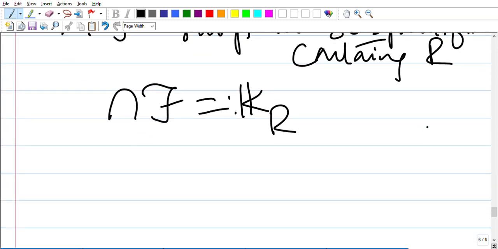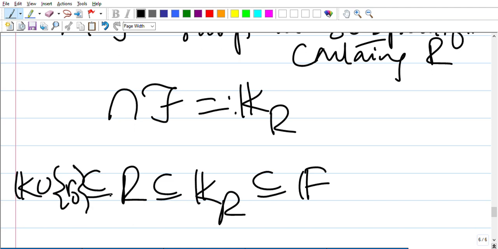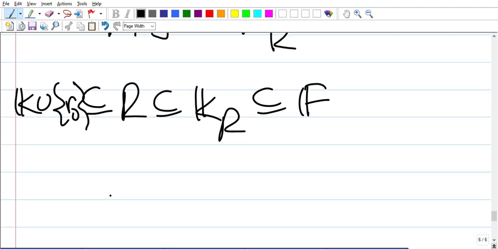Now, since R is contained in K_R and K_R is sitting inside F, and R, as we saw earlier, contains every element of K as well as R naught, let us just focus on these aspects. K union R naught is a subset of K_R.